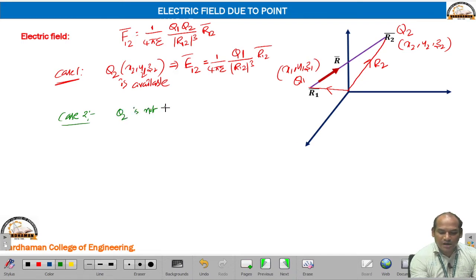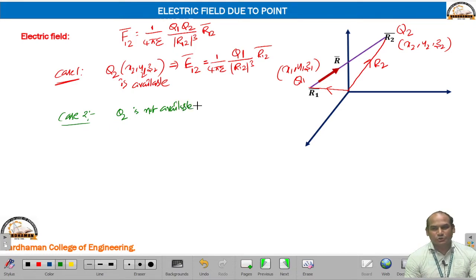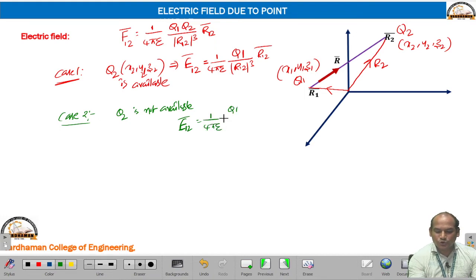In case 1, Q2 is available. In case 2, Q2 is not available in position 2, that means at x2, y2, z2 the Q2 charge is not available, even though in that position the effect of charge Q1 is available. That effect is called electric field. So 1 by 4 pi epsilon Q1 by magnitude of R12 cube into R12 bar. The same equation we are using, whether Q2 is available or not available.